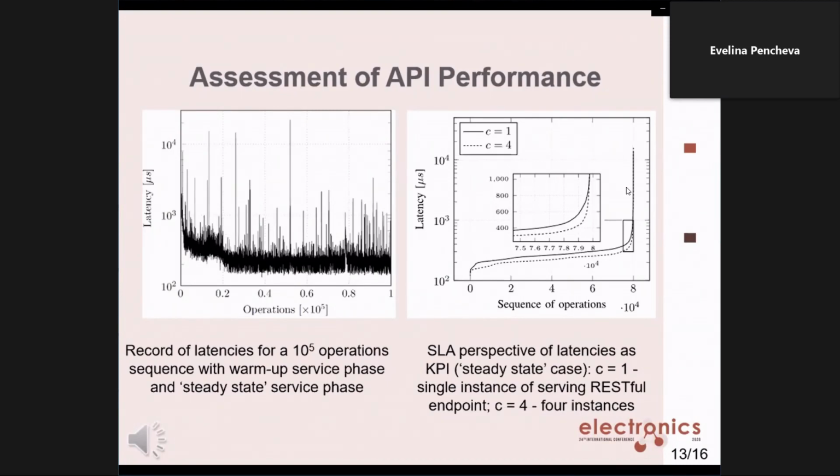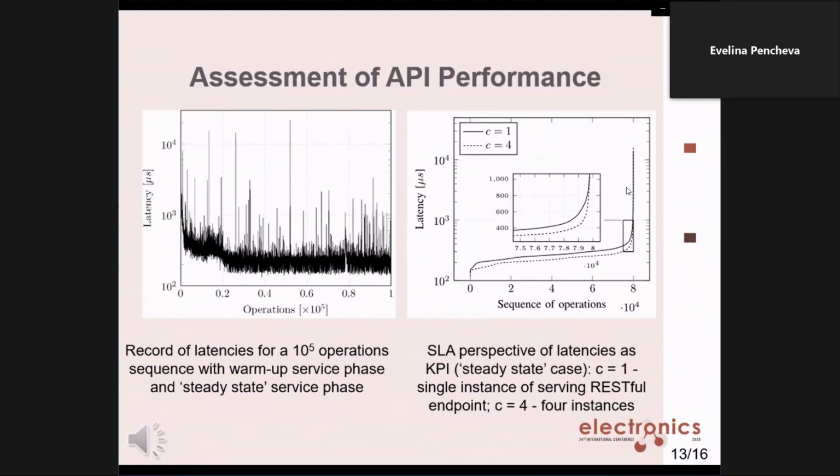The figure on the left depicts a decimated portion of operation latencies where the initial part is clearly different with respect to the following, and the effect is based on the so-called warm phase.